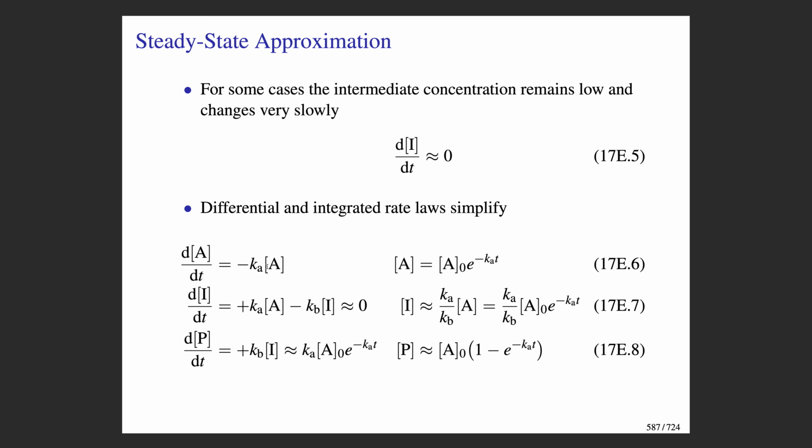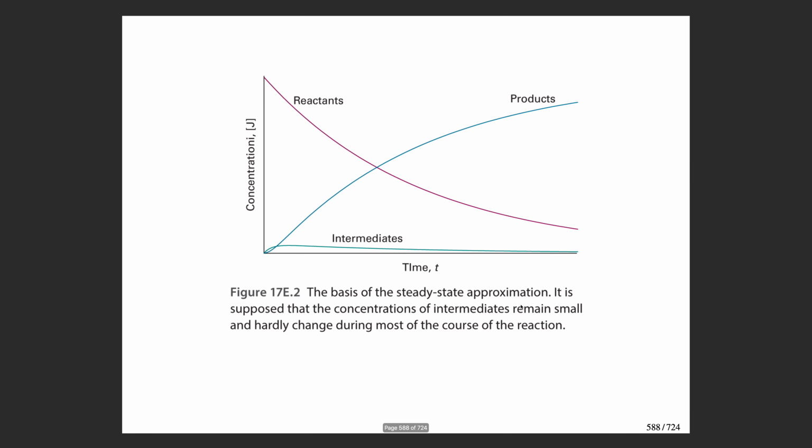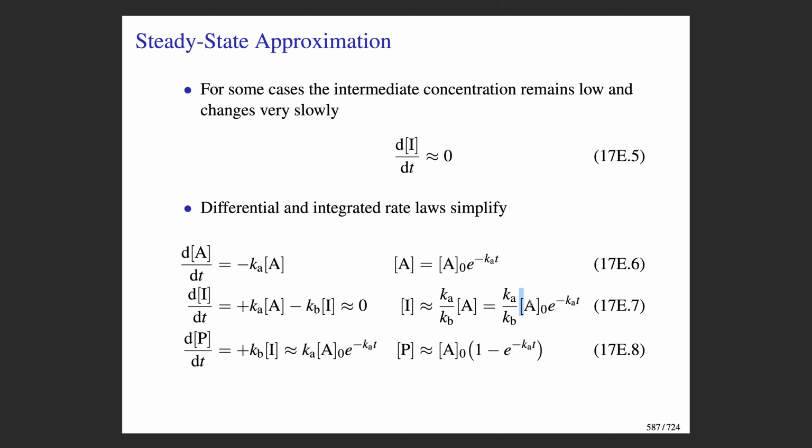It doesn't help you in the differential equation for species A, but for the time dependence of the intermediate concentration, we're basically setting it equal to 0, which allows us to solve this equation for the intermediate concentration. This is the result that you get, the steady state approximation for the intermediate concentration. If you take the time dependence of species A, that gives you the time dependence of the intermediate.